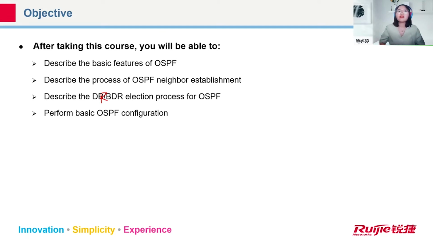Finally, we can get the LSDB. The next step is, according to the database, we will use a special algorithm to calculate the routes. Okay, so these are the main steps of OSPF. Of course, first is how to find the neighbor: I send messages to find neighbor information, do the negotiation, and exchange link state information.